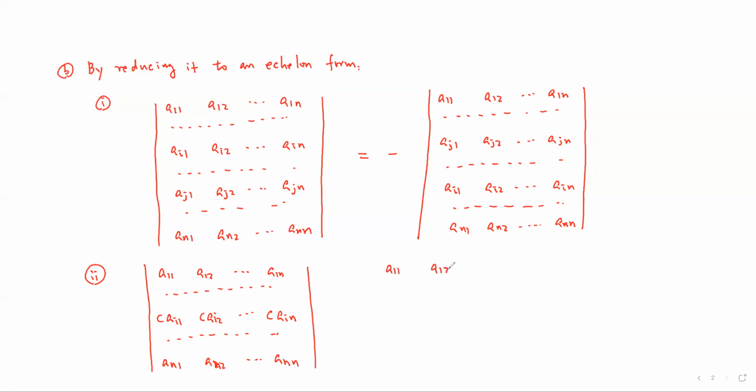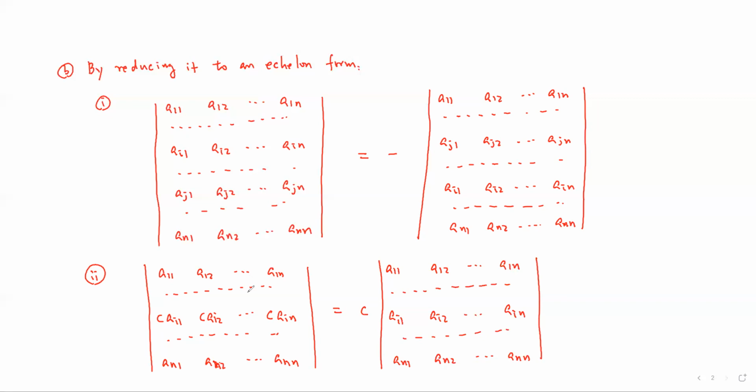The first row a_11, a_12, up to a_1n. Original row i: a_i1, a_i2, up to a_in. Last row a_n1, a_n2, up to a_nn. What is the relation between these two numbers? It turns out that you can take out the c on row i.